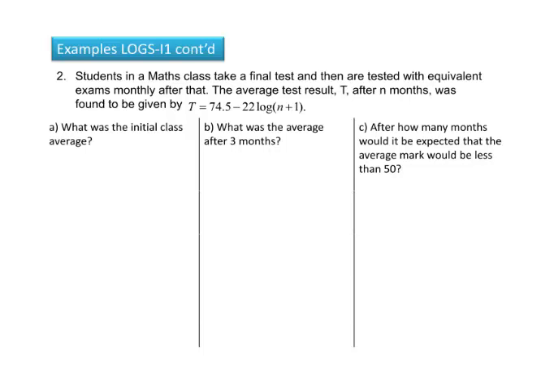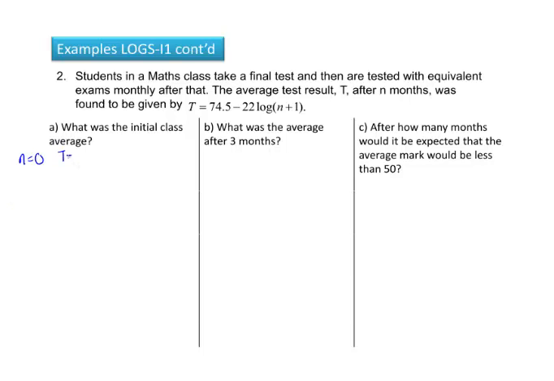Students in a math class take a final test and then are tested with equivalent exams monthly after that. The average test result T after n months was found to be given by T equals 74.5 minus 22 log of n plus 1. What was the initial class average? The initial class average is going to be when n equals 0, because no months have passed.